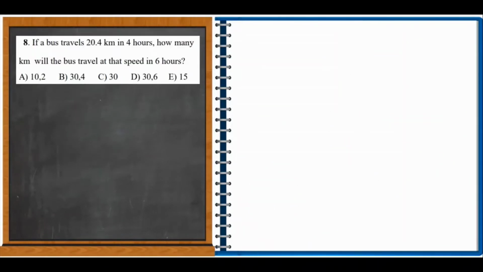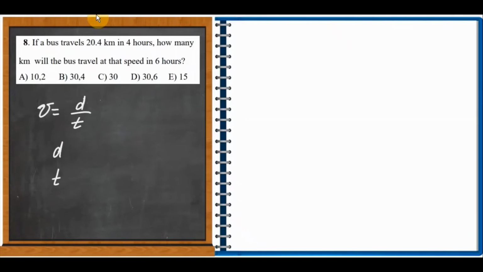Number 8. If a bus travels 20.4 km in 4 hours, how many kilometers will the bus travel at that speed in 6 hours? First of all, we must understand whether this is going to be solved with inverse or direct proportion. Here we will use direct proportion because it's said that the speed is the same. We know that speed, velocity, is equal to distance over time. So if the speed is the same, it means that the distance to time ratio is the same.